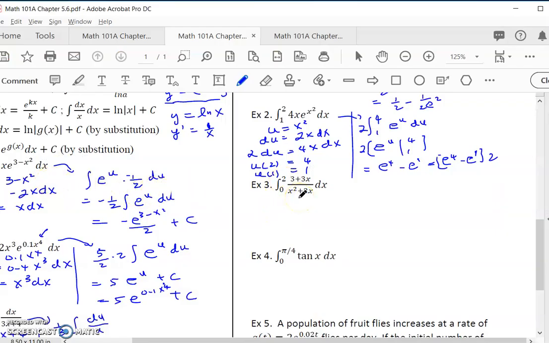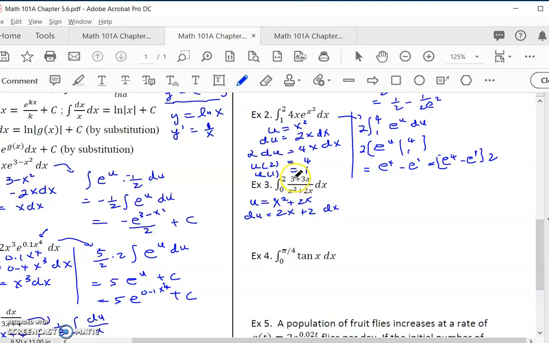Okay, so the calculator can help you a little bit to check your answer, but you still need to do your work for the exact answer. So for this one, the denominator with one thing is our candidate for u. So we say u is x squared plus 2x. The differential du would be 2x plus 2 dx.